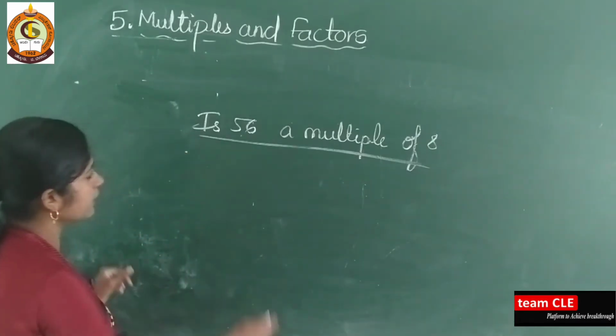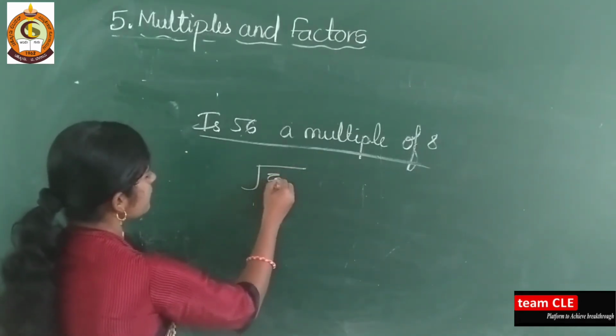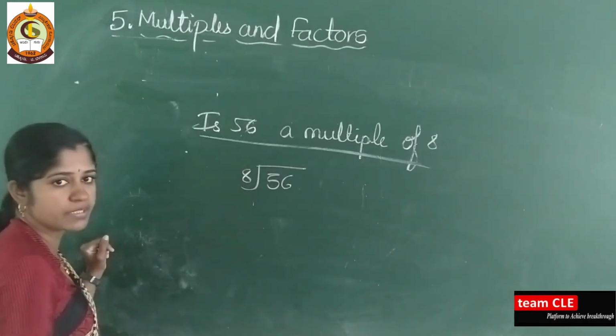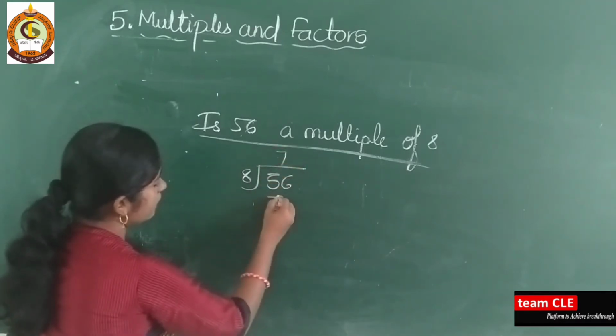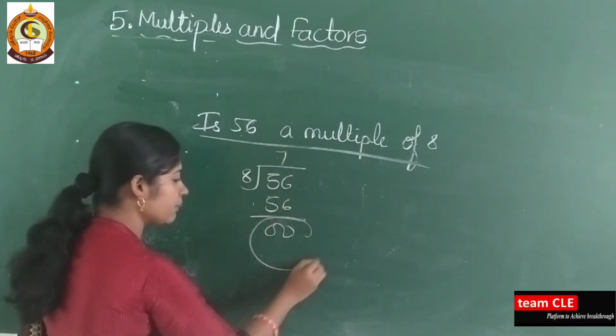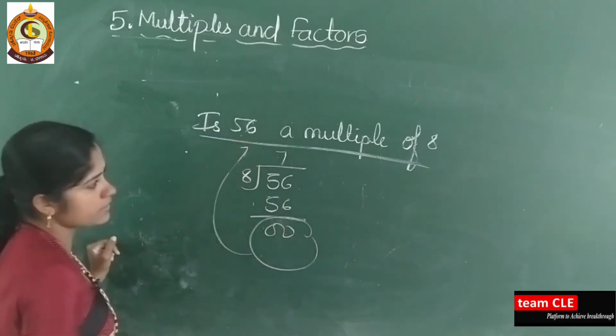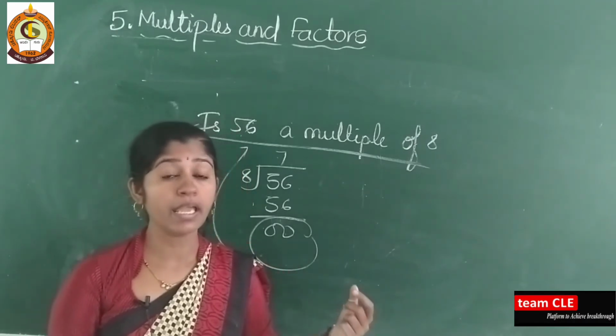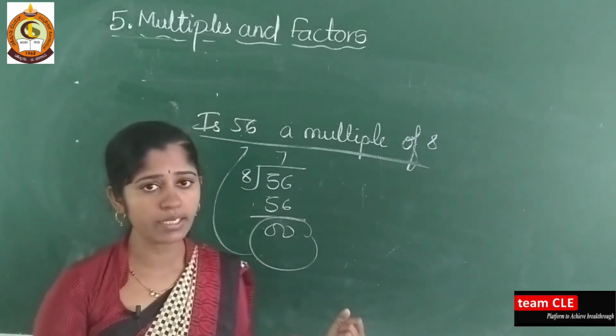For that, you need to divide 56 by 8. 8 sevens are 56, and the remainder is 0. If you get the remainder as 0, then 56 is a multiple of 8. Multiples divide the given number exactly without leaving a remainder.